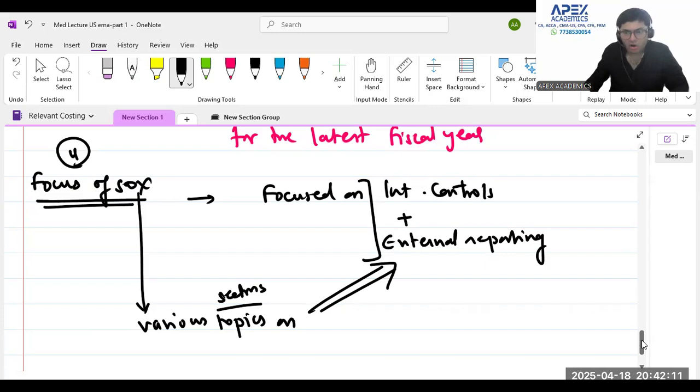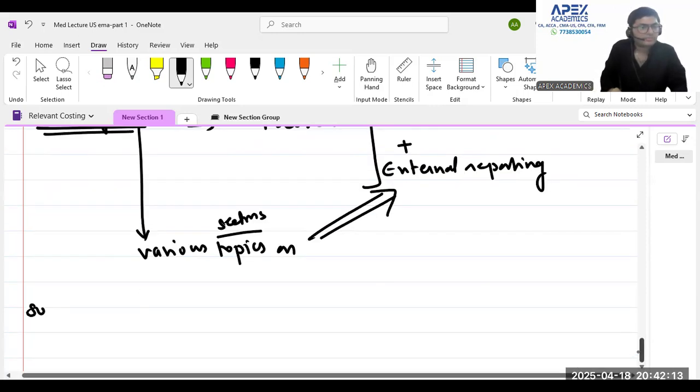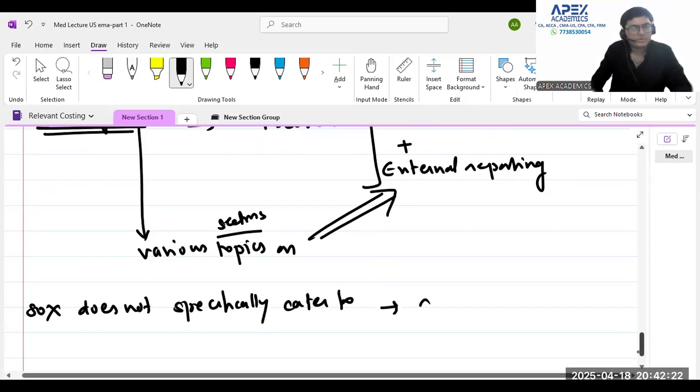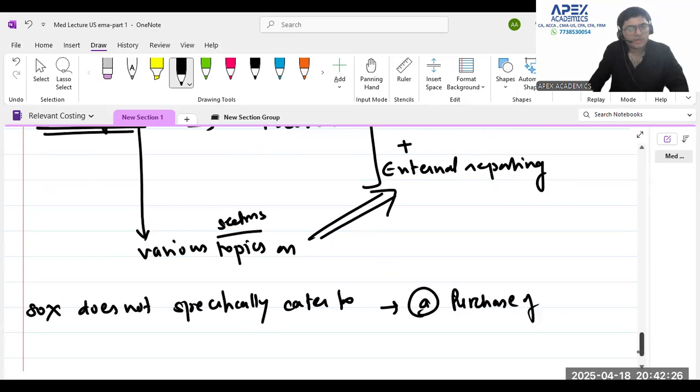SOX does not specifically cater to, number 1, purchase of assets or securities.